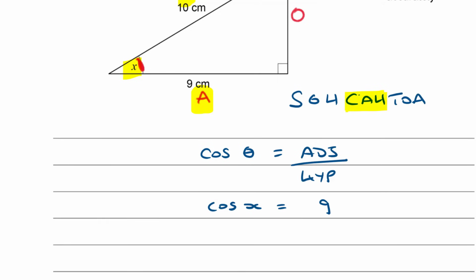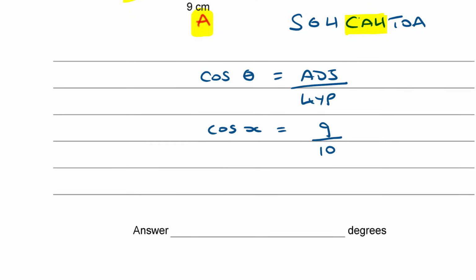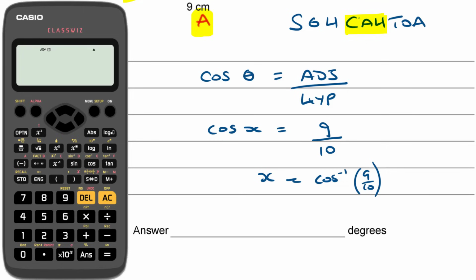Adjacent is 9 and the hypotenuse is 10. So the cos of x is 9/10. So then x is going to be the inverse cosine of 9/10. Okay, so reaching for the calculator, shift cos 9 divided by 10 comes out to 25.84, which I'm just going to round off to 1 decimal place, 25.8.